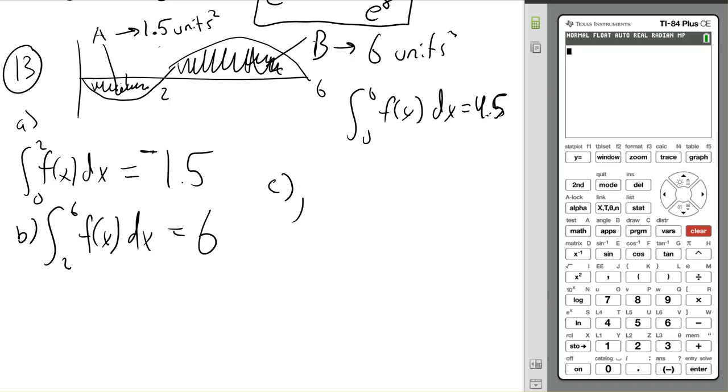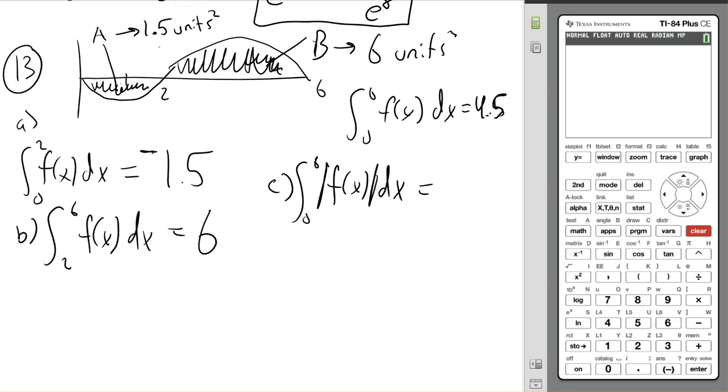C is the integral from 0 to 6 of f of x dx. So it almost looks like the thing that they give to me, but this one says absolute value. So, any ideas on how you might do that? What do you think, Ty?